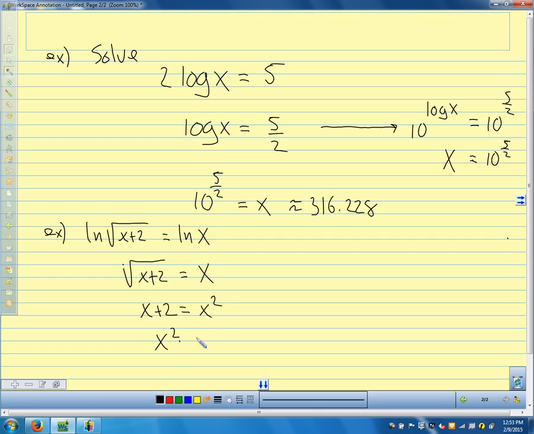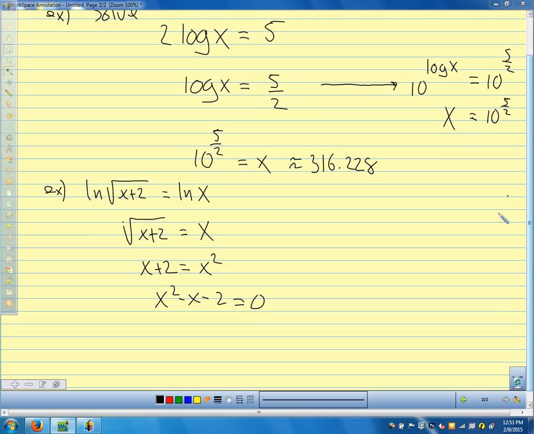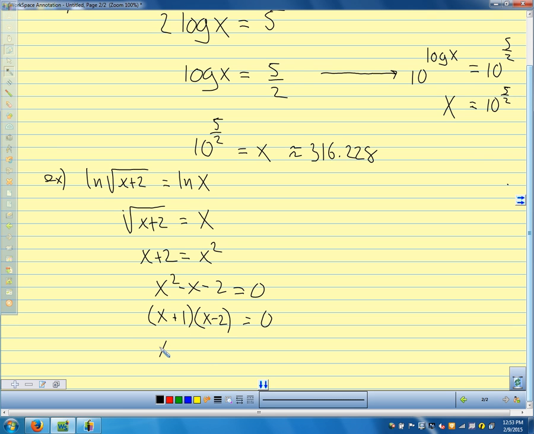So x squared minus x minus 2 equals 0. And now what do we do? Factor. Perfect. And we hope that this is friendly, so we get an x and an x, and we have to have a 2 and a 1, and it has to be a negative and a plus. So this says x equals negative 1, or x equals 2.